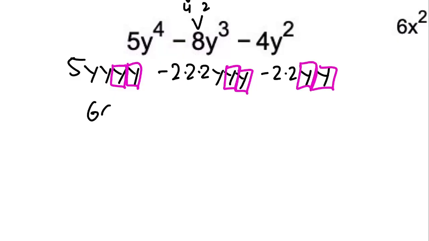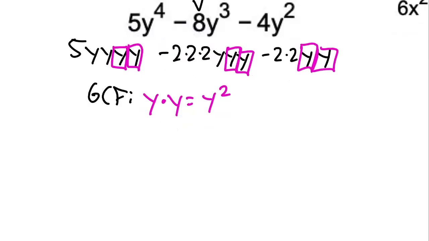In this case, it is y squared. Y times y equals y squared. So now we're going to factor it out. Y squared, parentheses.